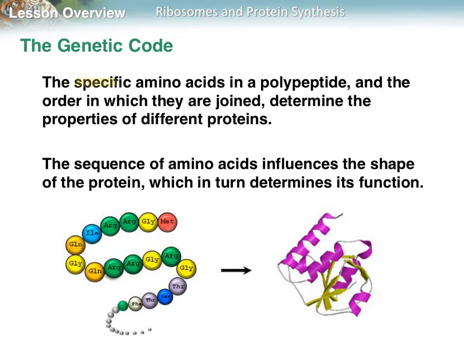The specific amino acids that are in a protein and the order in which they are joined determine the properties of the protein. So the sequence of amino acids influences the shape of the protein, which then determines its function. If we change the order of the amino acids, we're going to change the shape and function of the final protein.